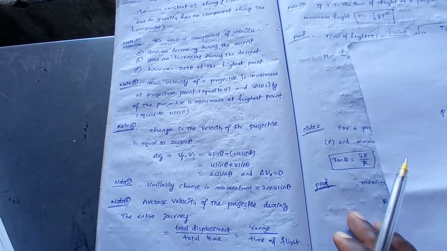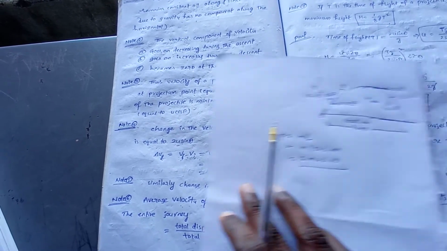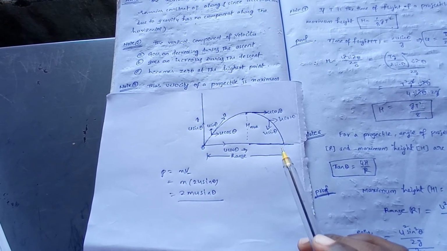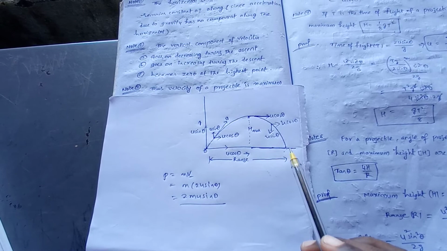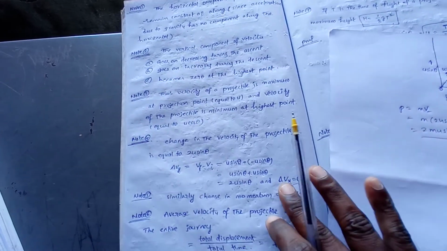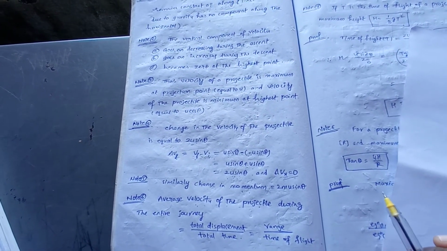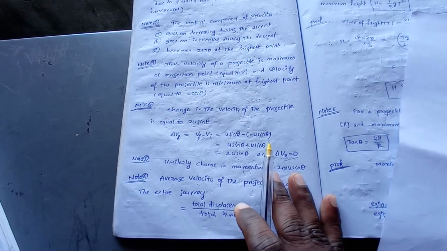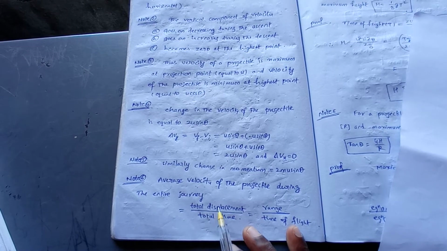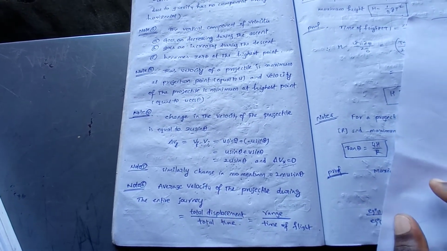Next, note 6. What is note 6? Average velocity of the projectile during the entire journey. In this total journey, what is the average velocity of the projectile? What is the average velocity formula? Already we have studied in the previous chapter, motion in a straight line. Average velocity is total displacement per total time. This is the formula of average velocity. So here, what is total displacement?